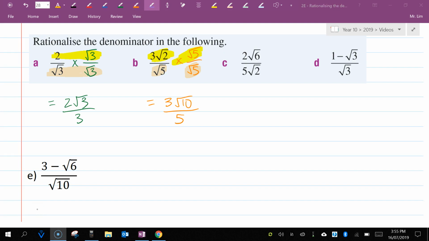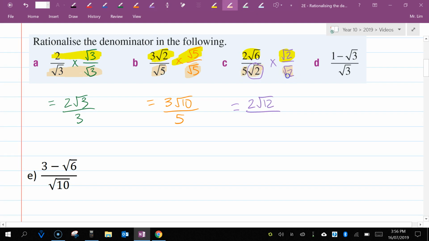Question C is the same thing. We're only looking at the root 2. Don't worry about the 5. So we're going to multiply this by 1, or in this case, root 2 over root 2. When we do that, we'll have 2 root 6 times root 2, which is 2 root 12, over 5 times root 2 times root 2.